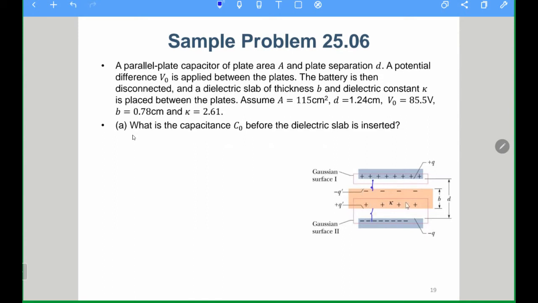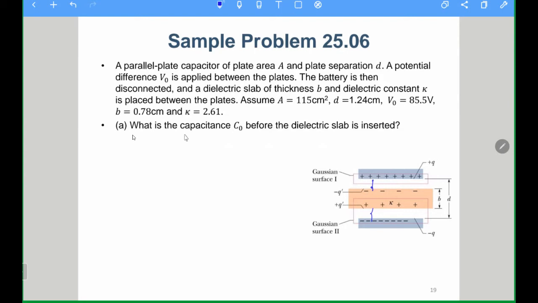We only care that this slab is parallel to the original capacitor plates. So a dielectric slab of thickness B and dielectric constant kappa is placed between the plates. Assume A, D, V0, B, and kappa to be these values.